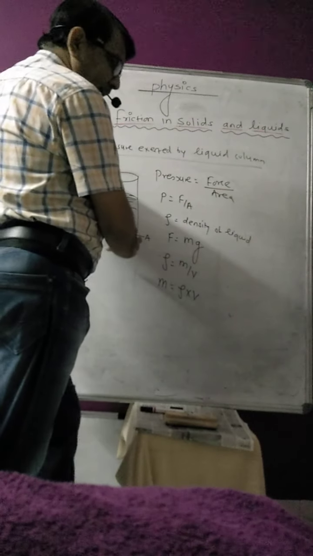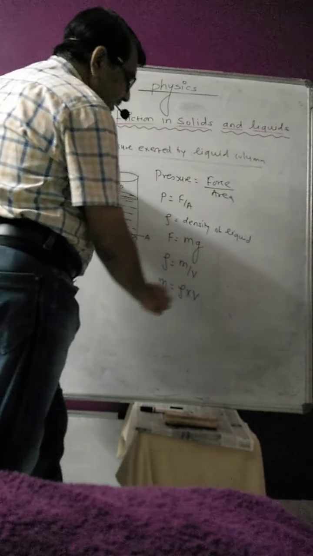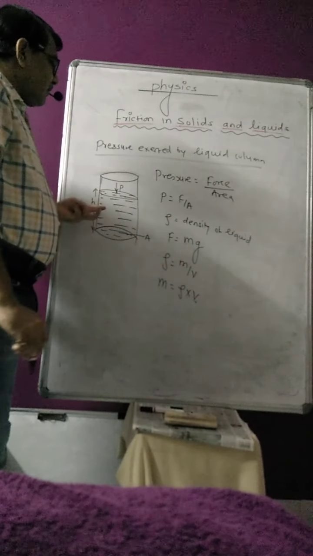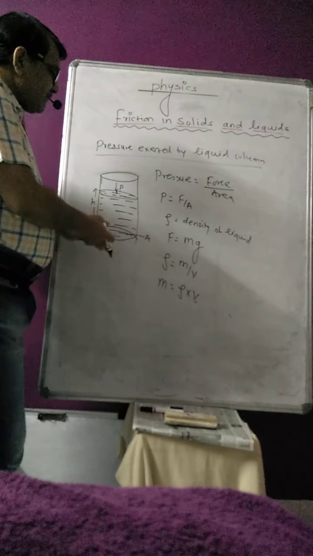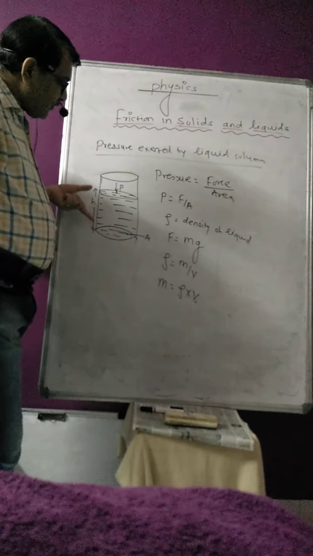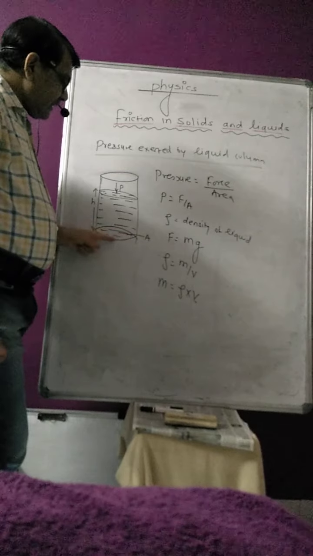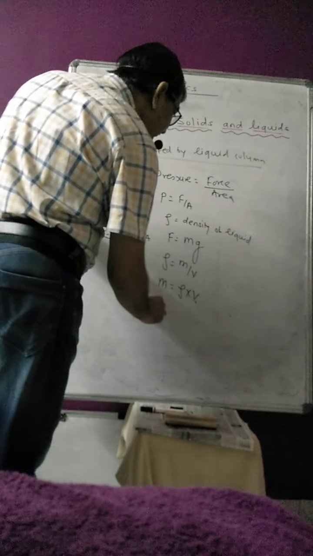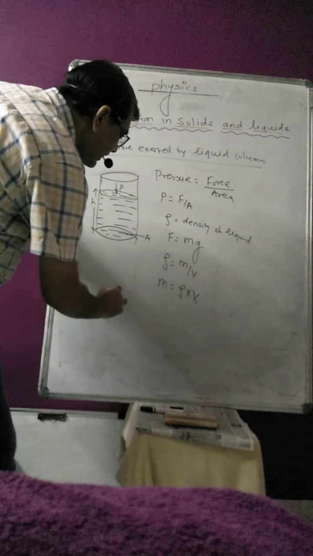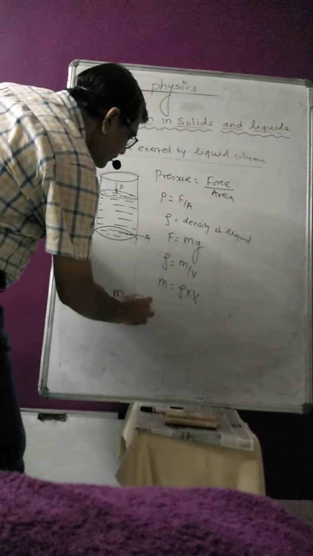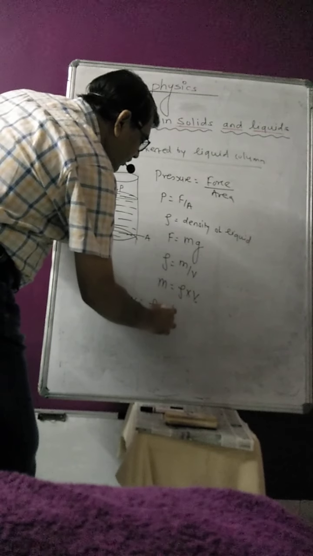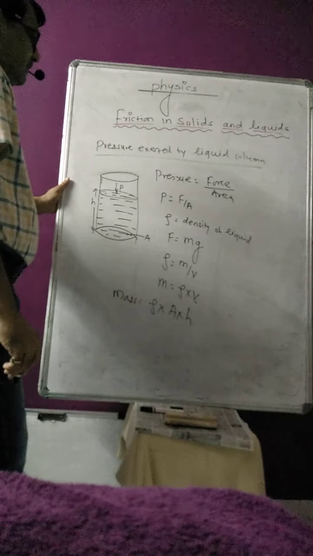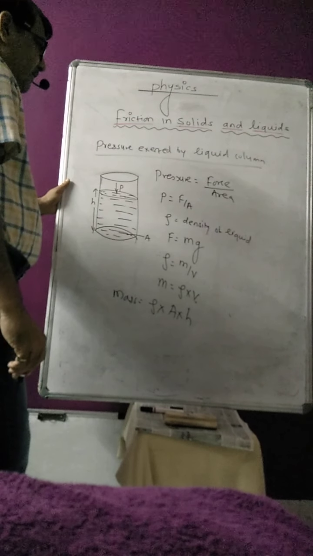How can we find the volume of the liquid column? The volume of the liquid is the volume of the container up to the portion where the liquid has been filled. If A is the area and h is the height, then mass is equal to density into volume, so mass is equal to rho into A into h.